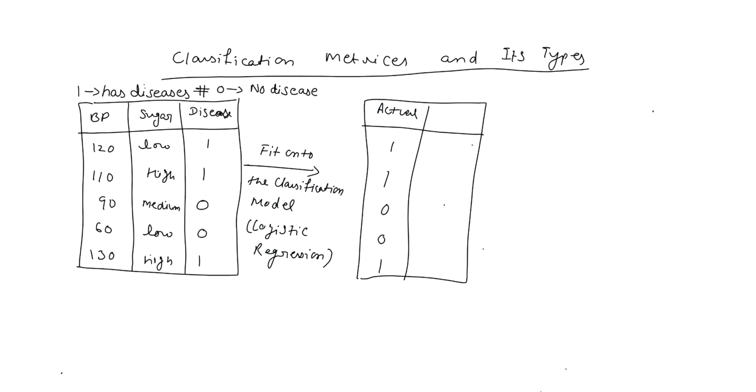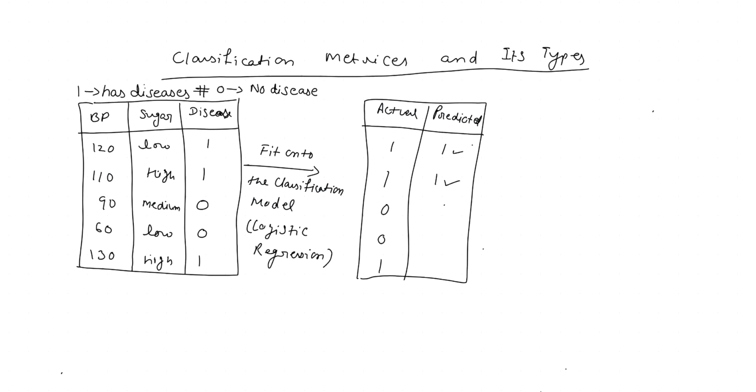And this is the value predicted by your model when you fit it with logistic regression. The first is 1, so this means the patient has the disease. Your model is also saying yes, he has the disease. So this is correct, right? Again, the patient has the disease, and your model correctly predicted it.